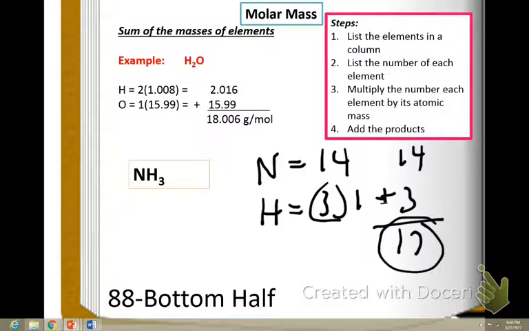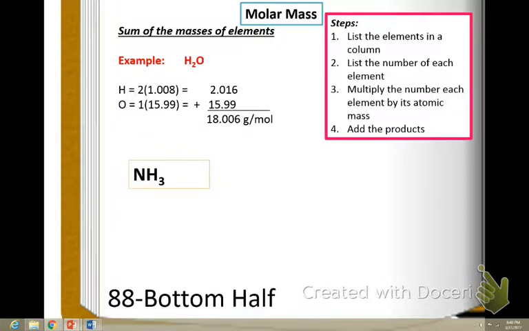So you have a molar mass of about 17 for the molecule NH3. You know that's covalently bonded because both of those are nonmetals. So this is 17 grams for every mole of NH3 that you have.